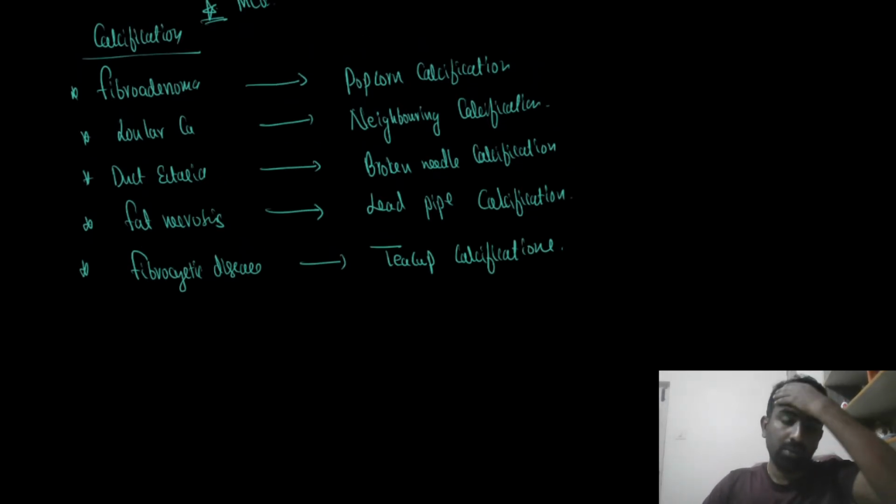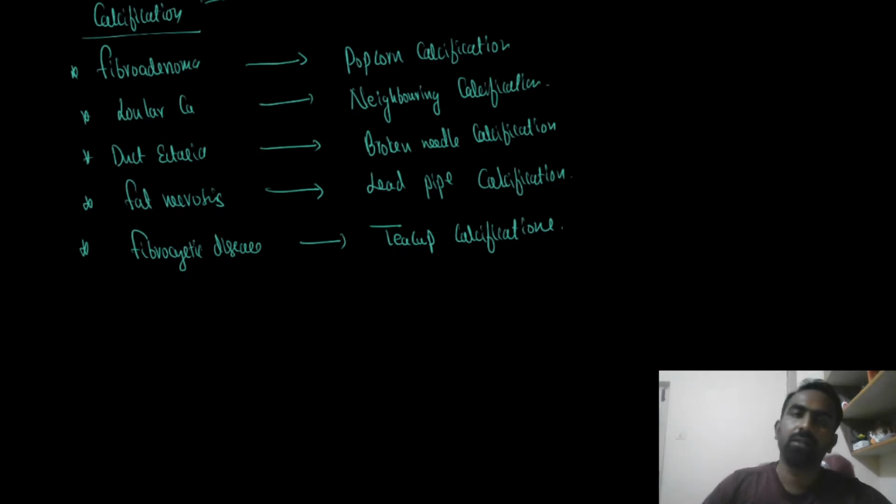Then, based on the architecture and the type of the calcifications and the type of the lesions, whether the borders are irregular, solid, we grade the breast lesions.